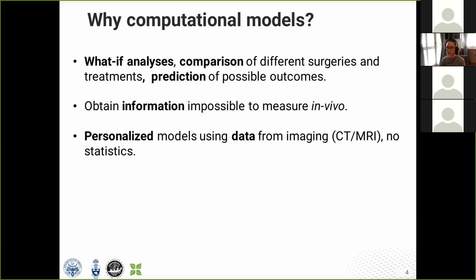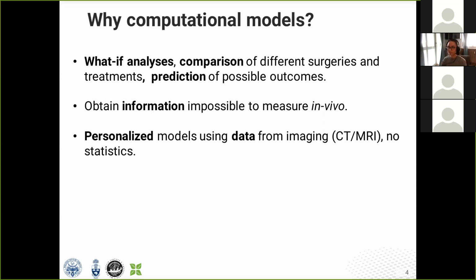Another reason, more for the future, is that since these computational models are personalized, patient-specific, because they're built on data coming from imaging, once computational models become the standard in a clinical setting, medicine will shift from a paradigm based on statistics, as it is now, where the outcome of your surgeries or the success of a treatment is based on the statistics of past patients.